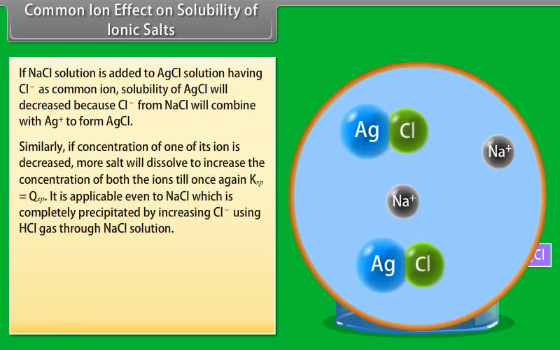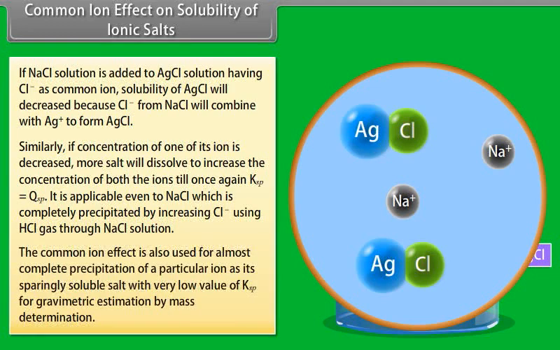Similarly, if concentration of one of its ions is decreased, more salt will dissolve to increase the concentration of both the ions till once again Ksp equals Qsp. It is applicable even to NaCl, which is completely precipitated by increasing Cl− using HCl gas through NaCl solution.